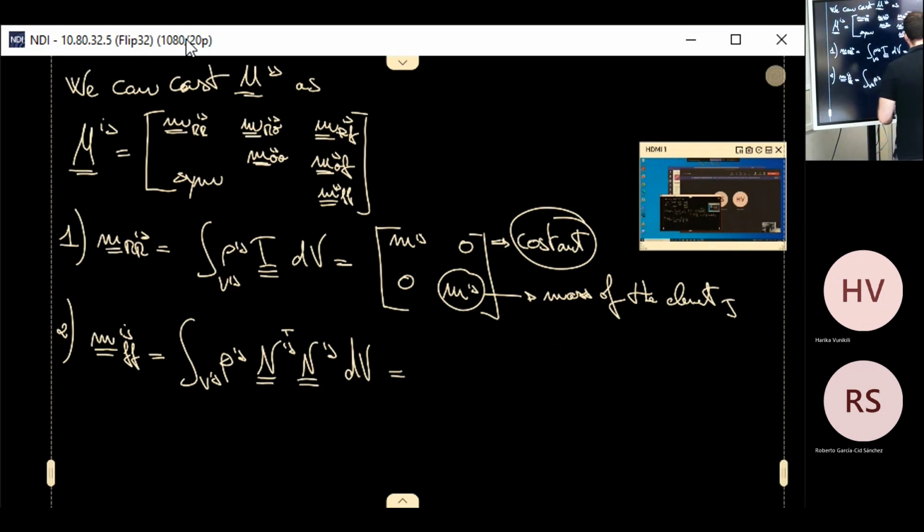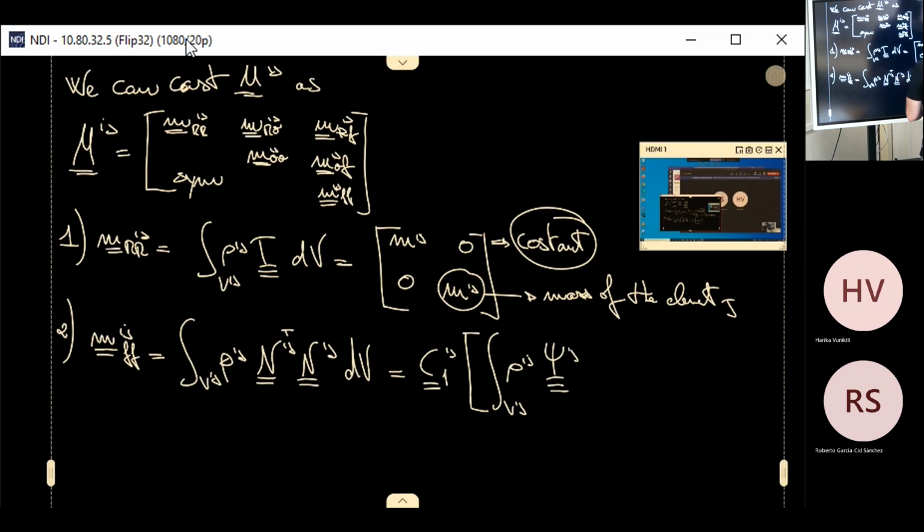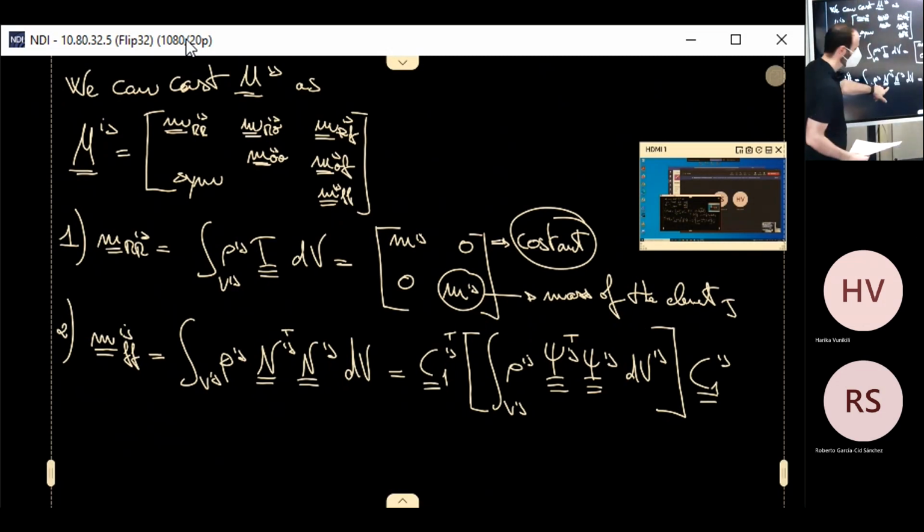This, in fact, can be written as C1 ij, Cij transposed over Psi ij in the Vij. Okay, I'm just bringing out of the n the terms which do not depend on space.